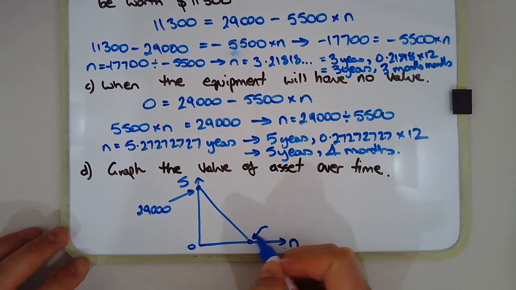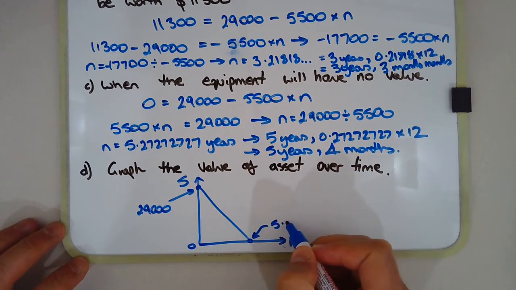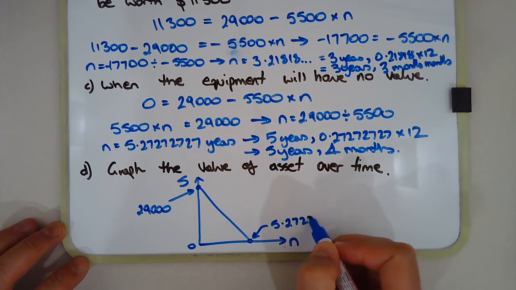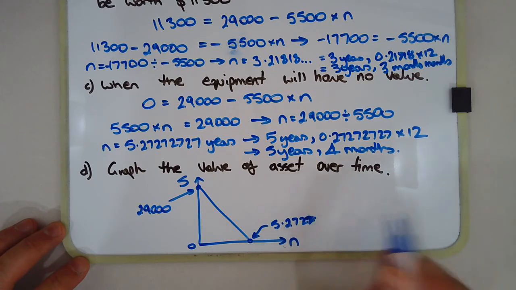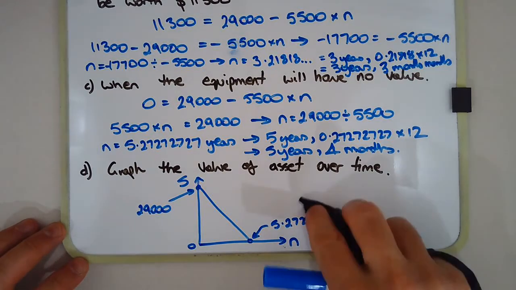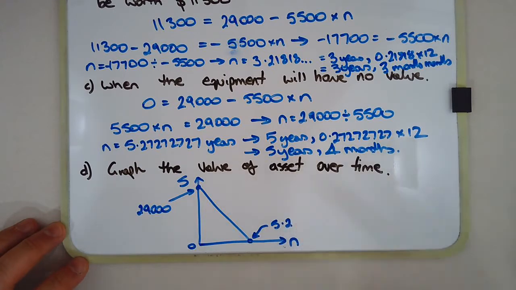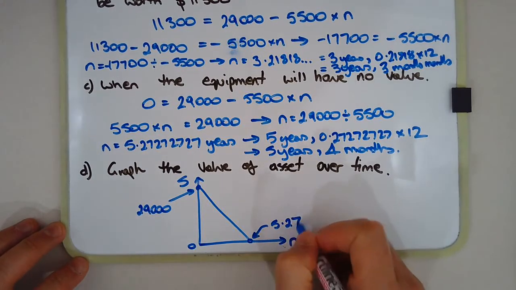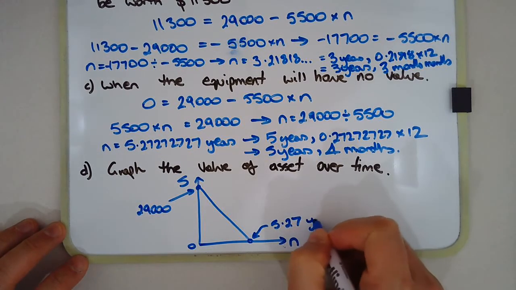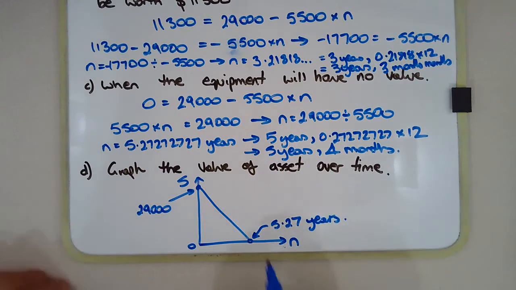So this would be 5.2727, actually let me just fix that quickly. Maybe I'll just leave it to two decimal places, 5.27 years. And that would be approximately where the equipment will have no value left.